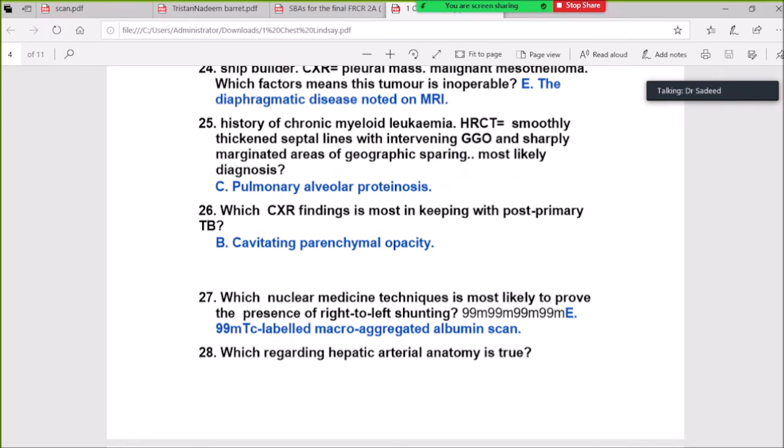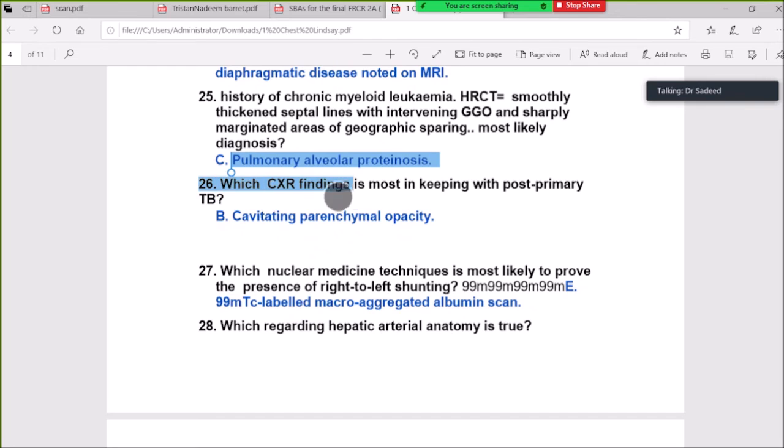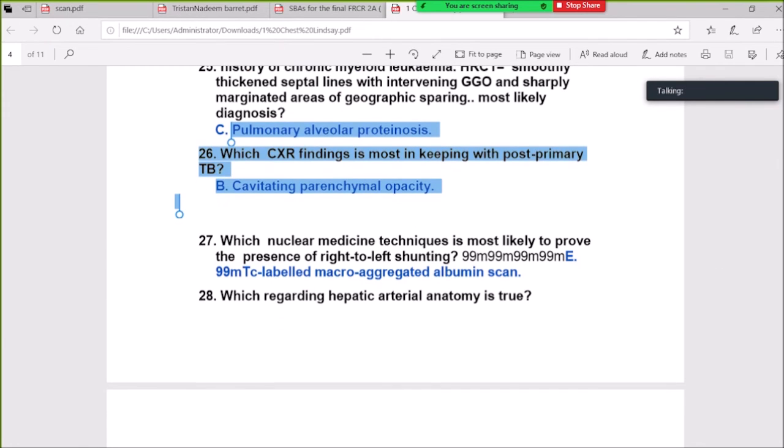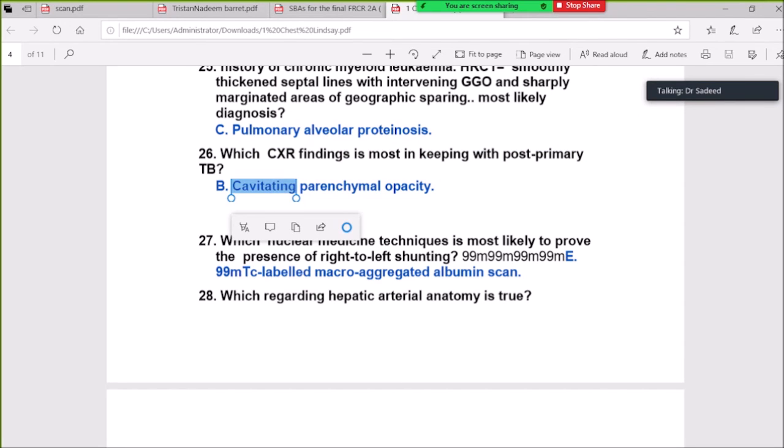This creates the crazy paving pattern. Question 26. Which HRCT finding is most in keeping with post-primary tuberculosis? Cavitating parenchymal opacity. In post-primary tuberculosis there will be cavitating parenchymal opacity, absence of lymphadenopathy, and many nodules.